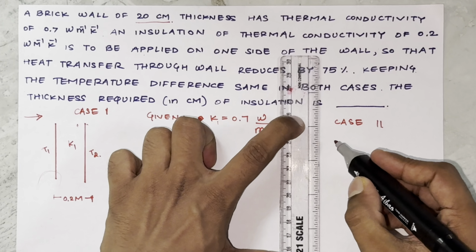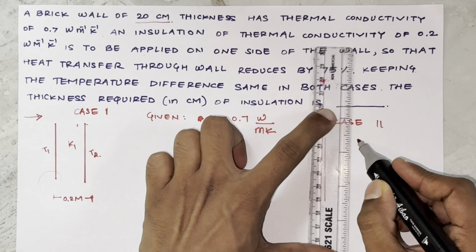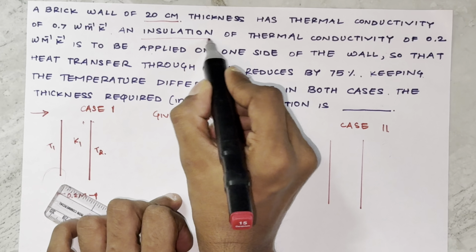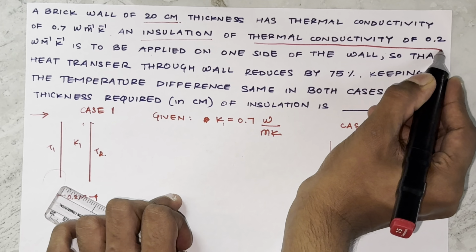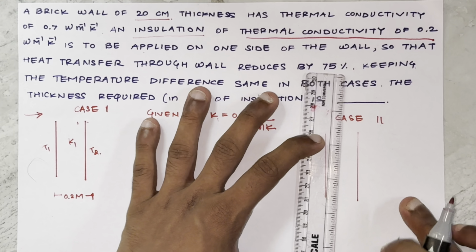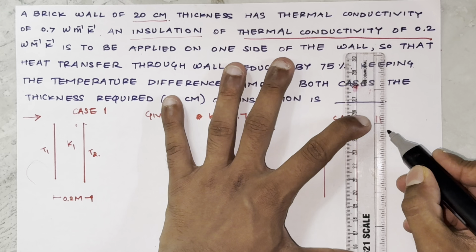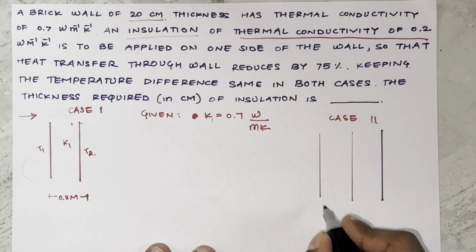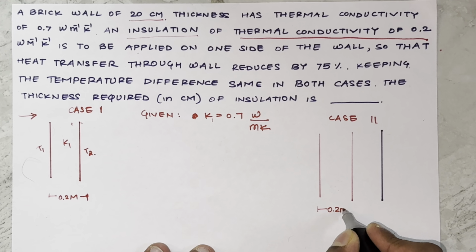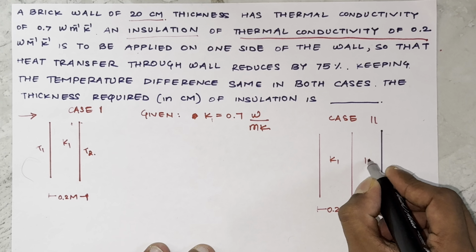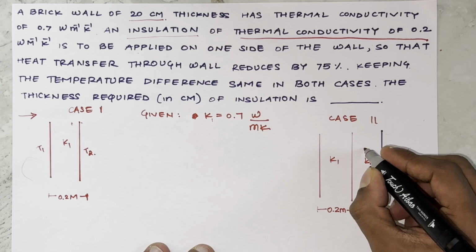We have a wall with a modification, that is insulation, of thermal conductivity 0.2 watt per meter Kelvin. We don't know the thickness introduced, so this is already specified as 0.2 meter, and let's say this is X. We have this K1, this K2, and this is the insulation part.